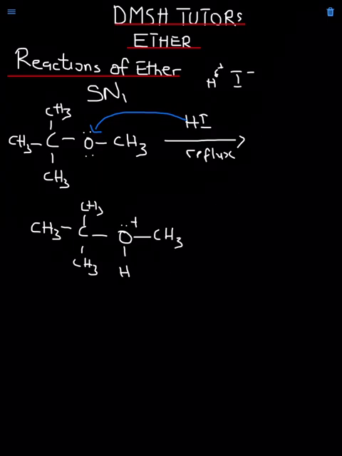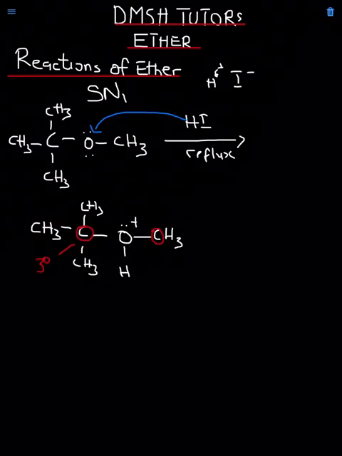Now, since we have gotten a protonated ether, this reaction is an SN1 reaction because of what? We check these two carbons that are attached to the oxygen. One of them is a tertiary carbon. Am I right?